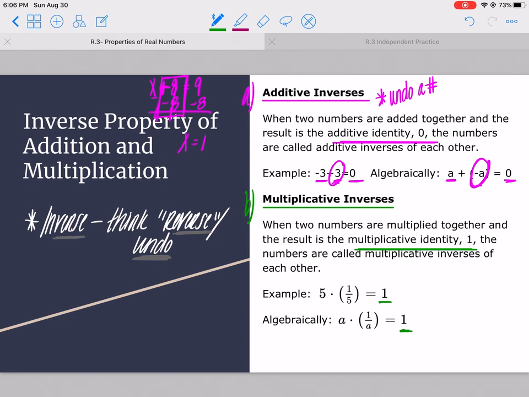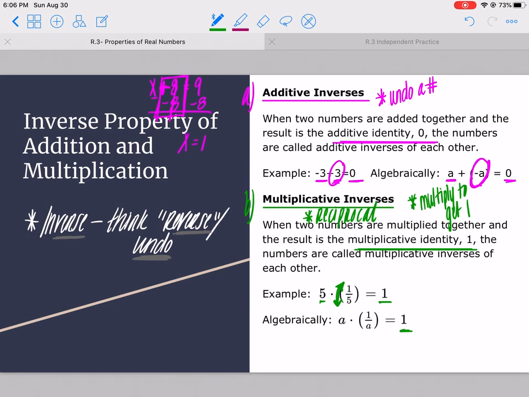So here you have to multiply a number by its reciprocal, to get 1. Okay? The reciprocal is the opposite numerator and denominator, or flip-flopped numerator and denominator.